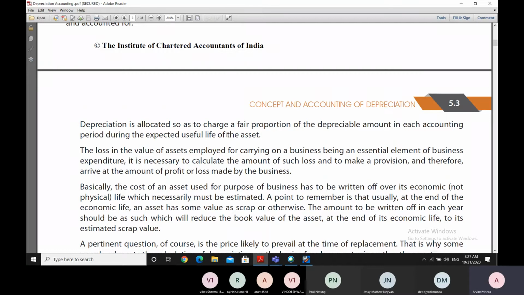Now, the depreciation is allocated in such a manner to every year so that a fair proportion of the depreciable amount, as we have seen, is the cost minus the residual value. We want that a fair proportion of that depreciable amount should be allocated to each accounting year during the expected useful life of the asset. So the allocation has to be done so that this proportion which is allocated is a fair proportion.